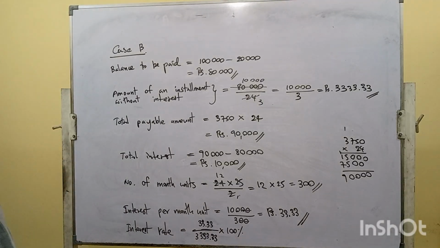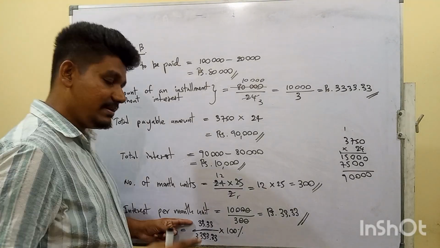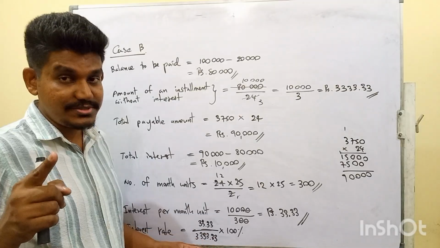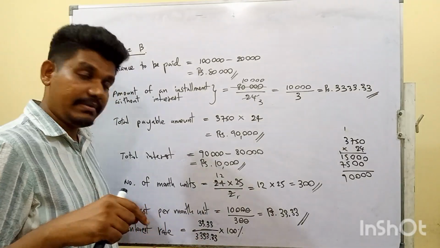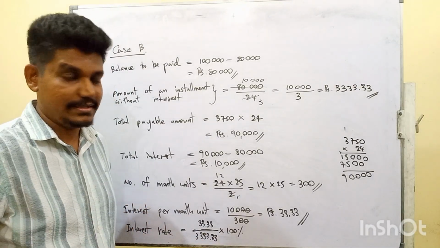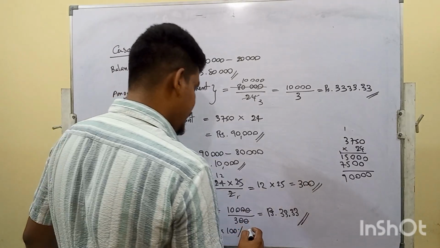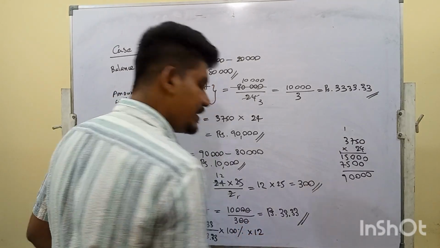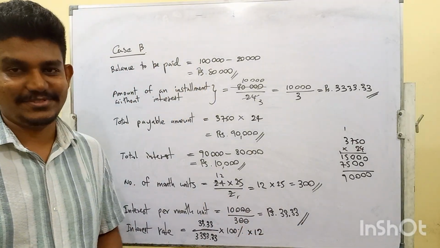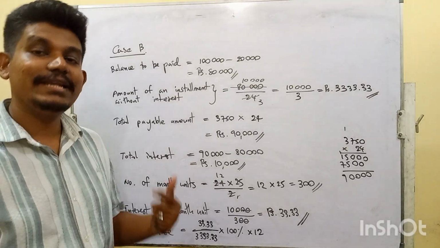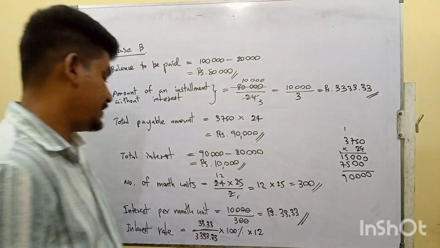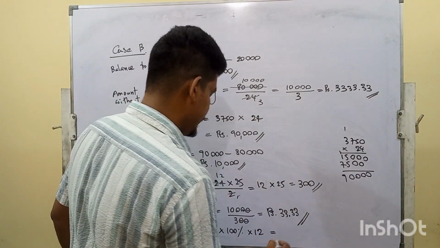And also these two amounts are given per month, right? But normally when finding the interest rate, we have to find the annual interest rate. Therefore, you have to multiply it by 12, because there are 12 months within a year. So we have converted that into annual. Then by simplifying them, you can reach the final answer.